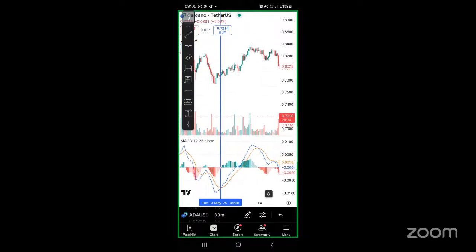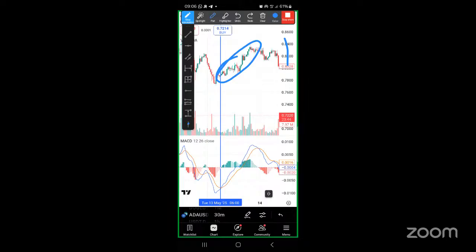Did the market go up? So that is called a golden cross.